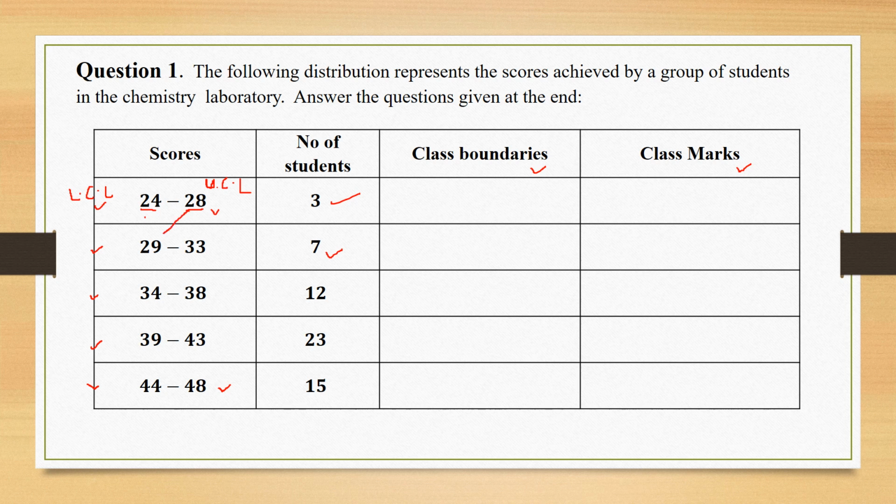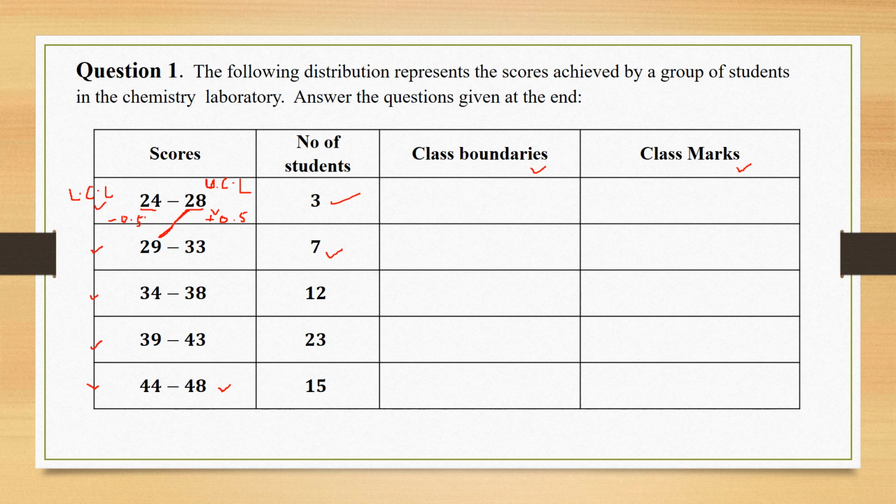If we see these both limits, there is no repetition: this is 28 and this is 29. If there is no repetition, in simple words we can find our class boundaries. All these are integers, so in a simple way, for the first, which is 24, to find the class boundaries we will minus 0.5, and with the upper limit we will plus 0.5.